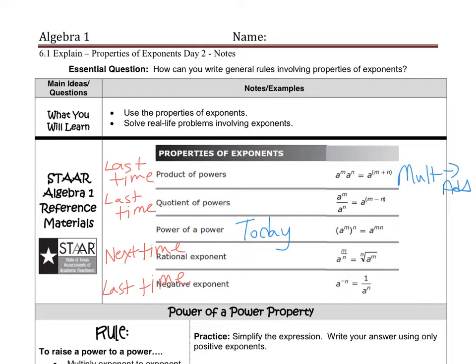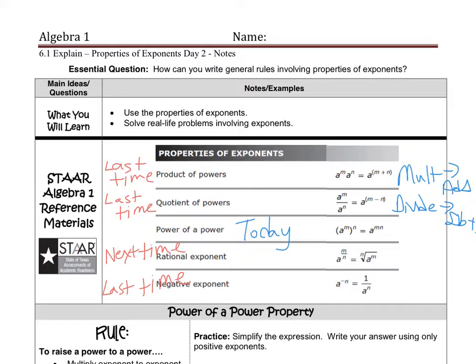And then we also learned that when you divide, we subtract. The other thing that we worked on last time was what to do with a negative exponent, which really just turned it into a fraction. So we would cross the line and change the sign was kind of the rule that we gave it.